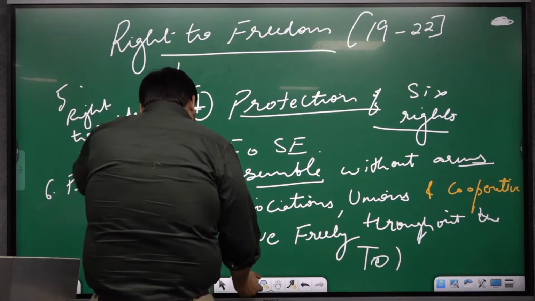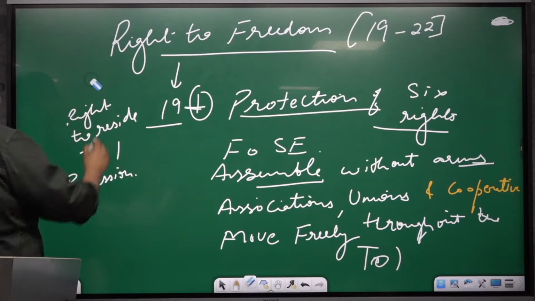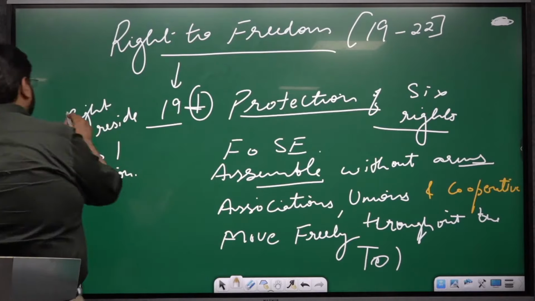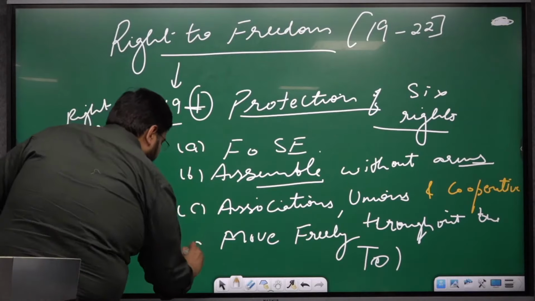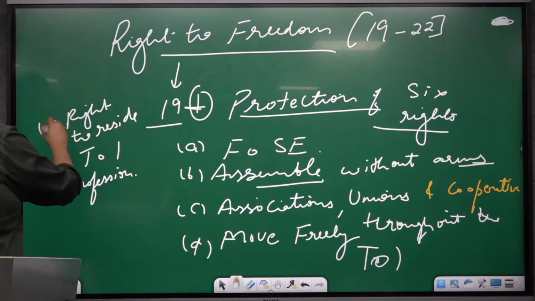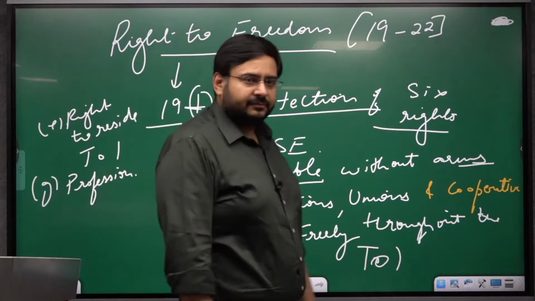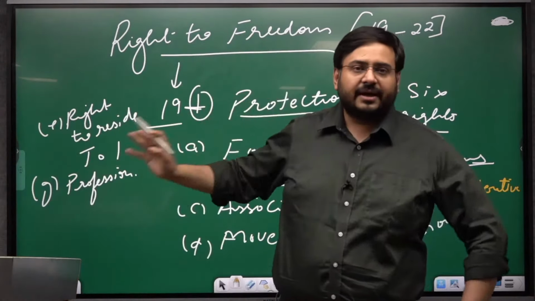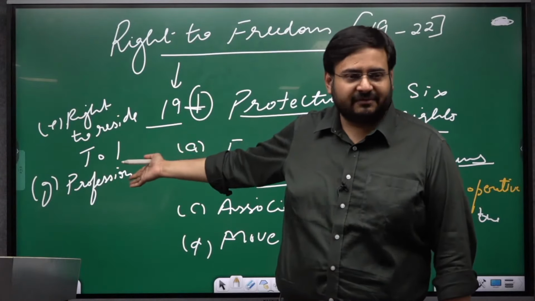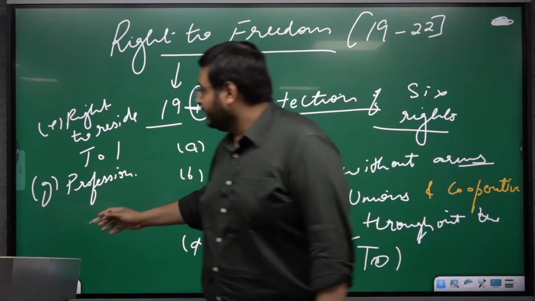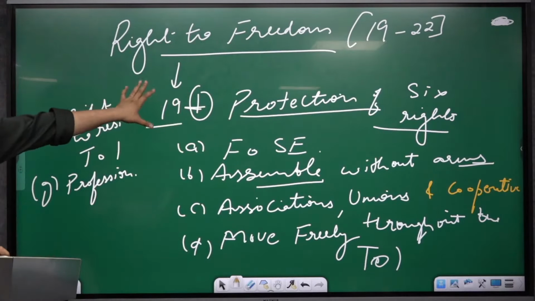These rights are mentioned as 19(1) A, B, C, D, E, G. Okay. Alphabets also this faculty does not know. After E comes F. No, right? But we don't want to give any F in our 19(1), right?